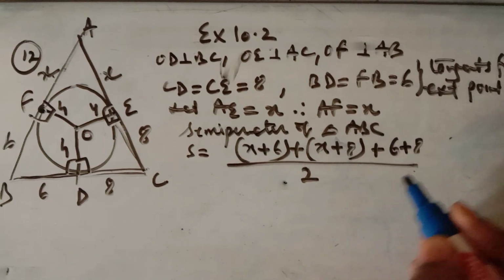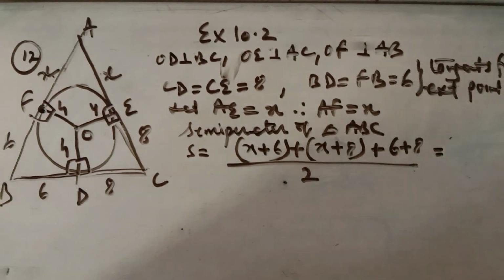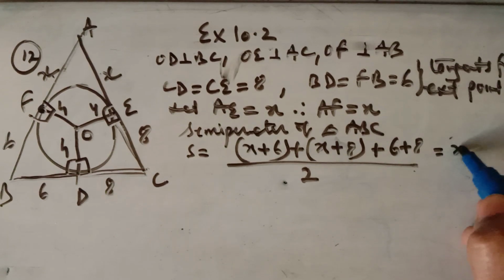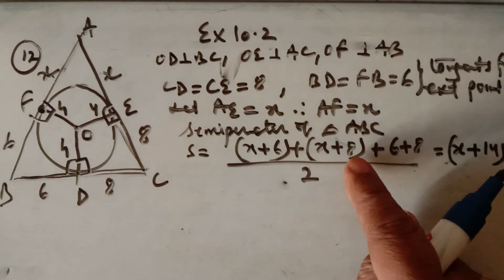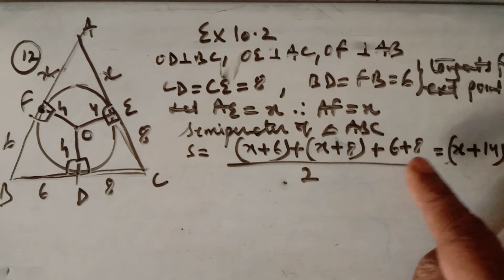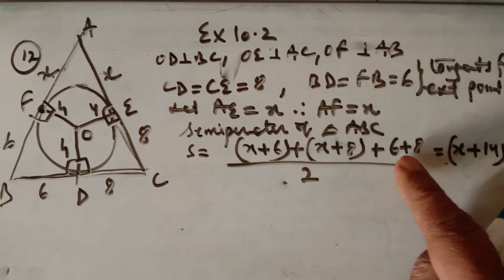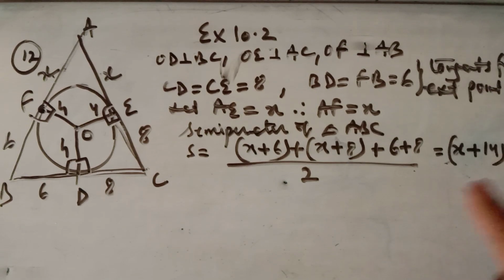A plus B plus C upon 2 is the semi-perimeter of the triangle, and this is coming out to be x plus 14. Adding: 2x, 14 plus 8 is 22, plus 6 is 28, upon 2, take common and this will be equal to x plus 14. So this is the semi-perimeter of this triangle ABC.